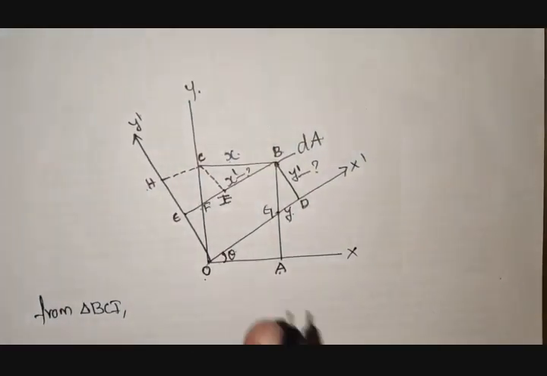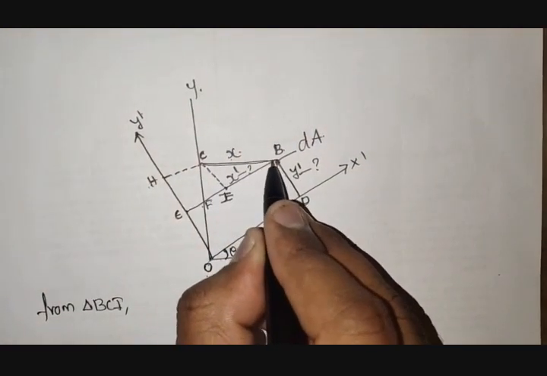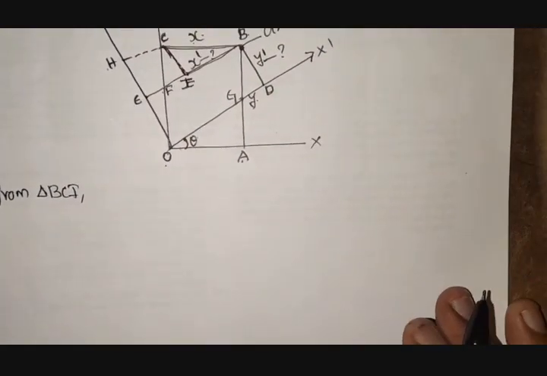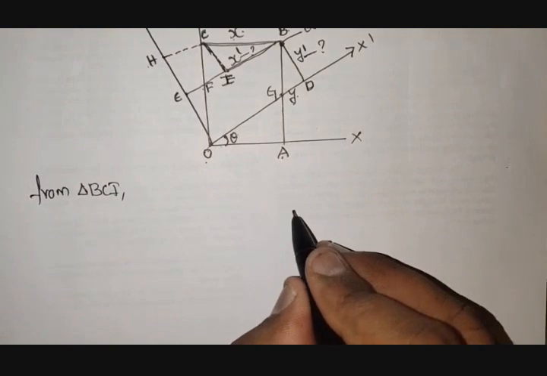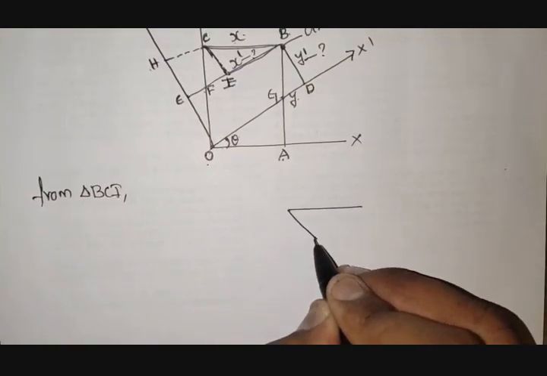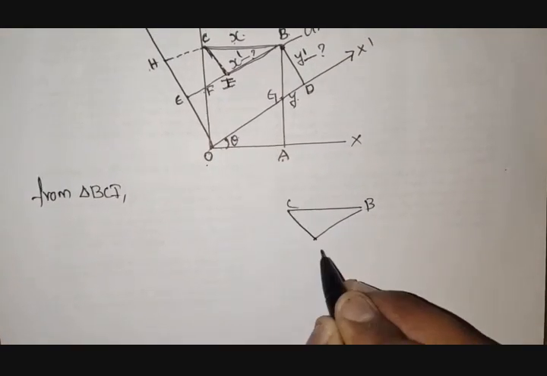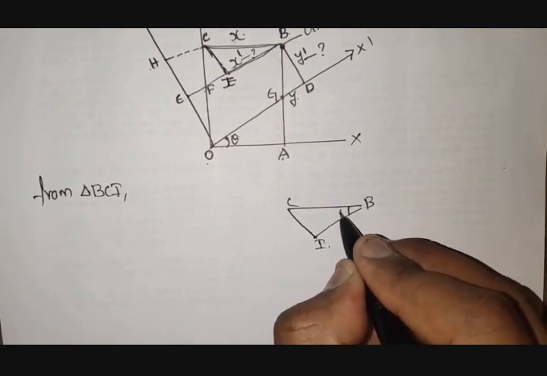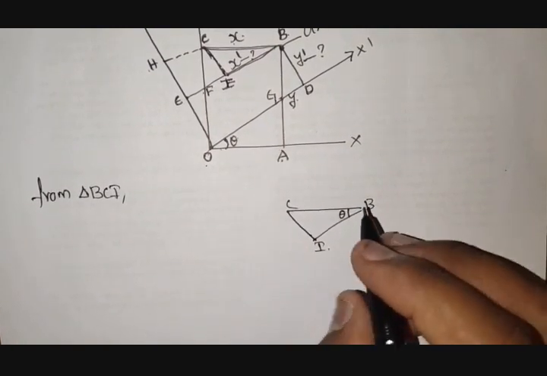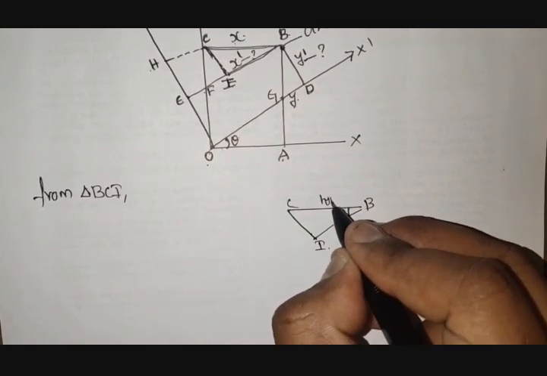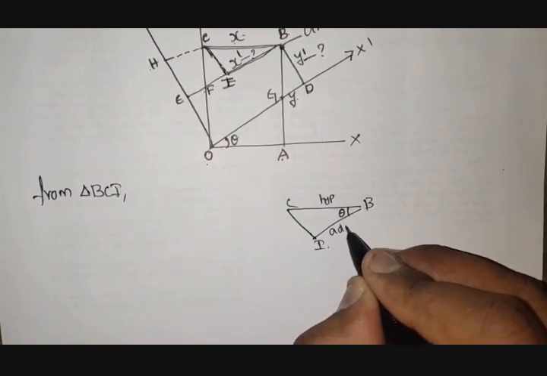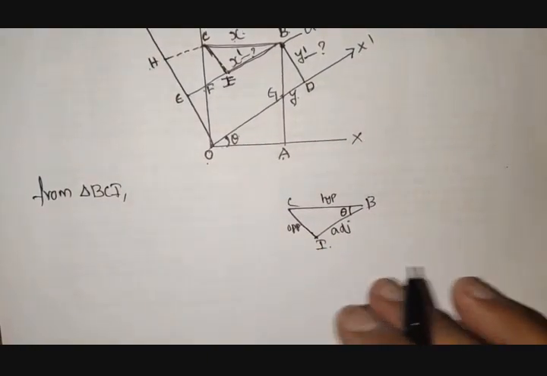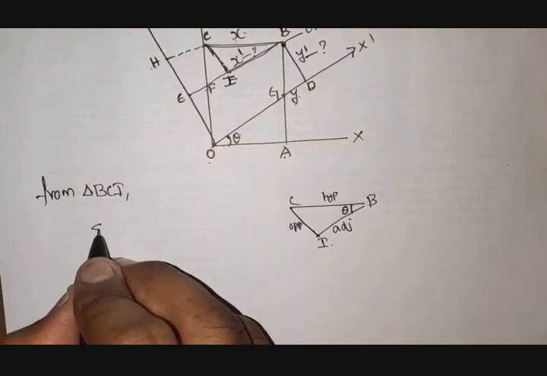So if I take the triangle BCI, here some angle theta it is going to make. This is the hypotenuse, this is the adjacent, and this is the opposite side. Now from this, what is the value of sin theta?